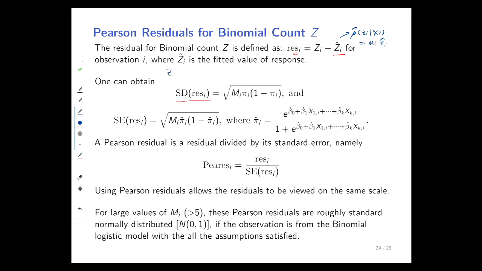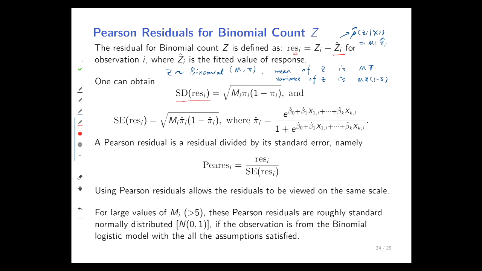If you still remember, z is from the binomial distribution of m and pi, the mean of z is m pi, and the variance of z is m times pi times 1 minus pi. So it's actually from here.